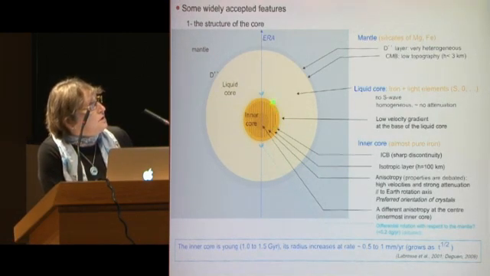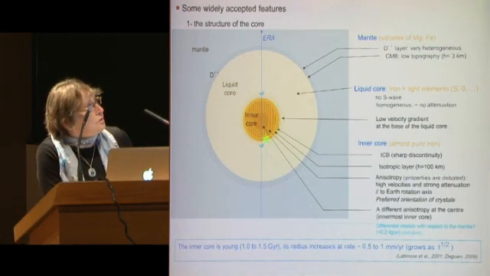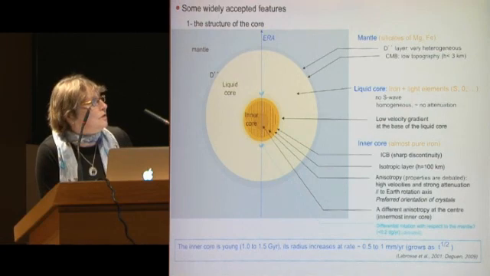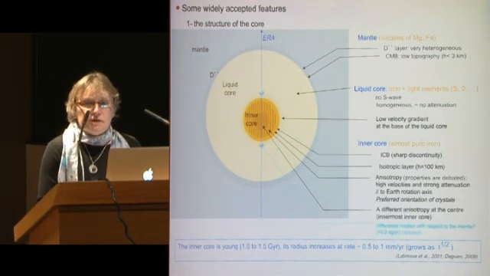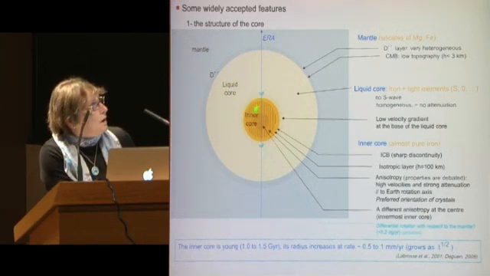Then we come inside the inner core. The outermost inner core is made of an isotropic layer of iron. And then we come inside the domain of anisotropy.